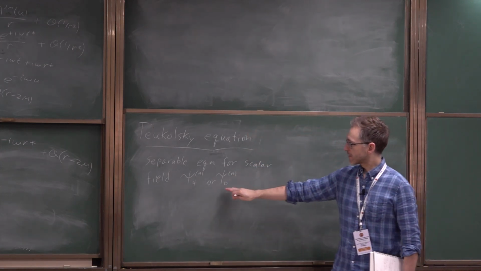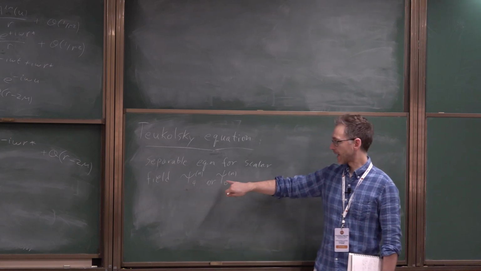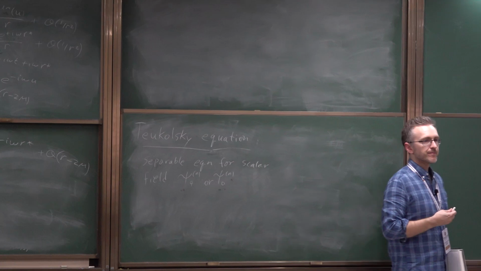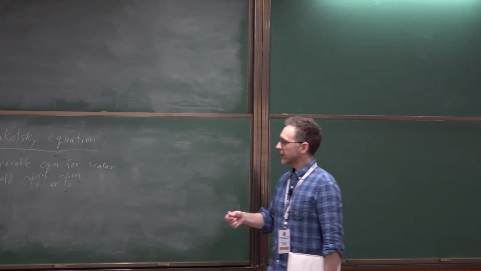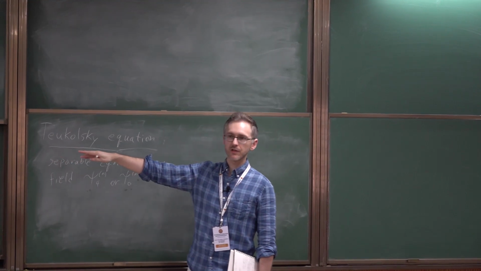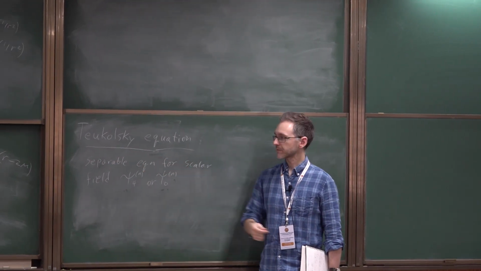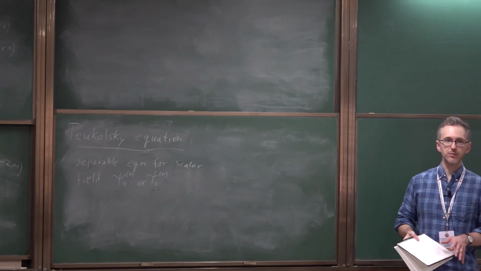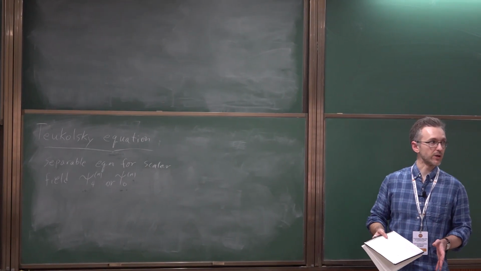So these are psi 0 and psi 4. And this is the nth order psi 0 and the nth order psi 4. So these are complex scalar fields, so two functions, as opposed to the 10 functions we were trying to solve over there. And these two functions give you most, but not all, of the metric perturbation.